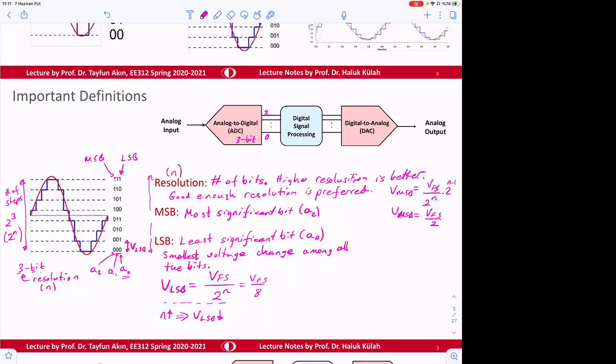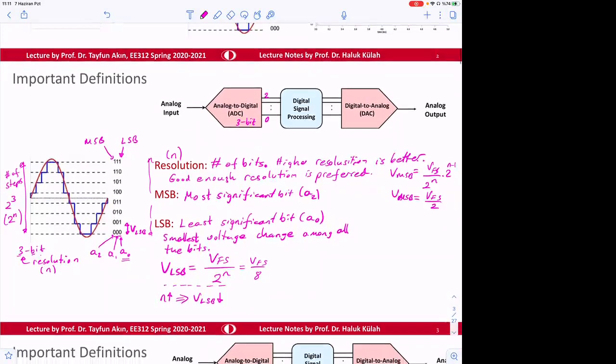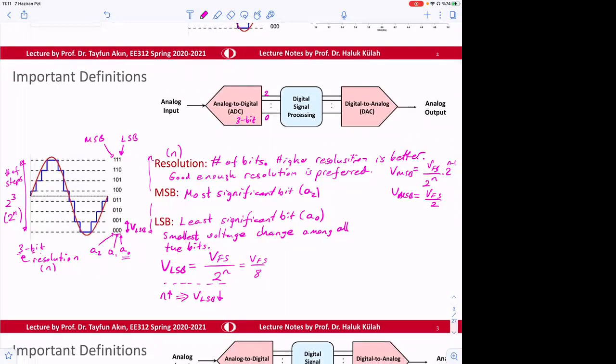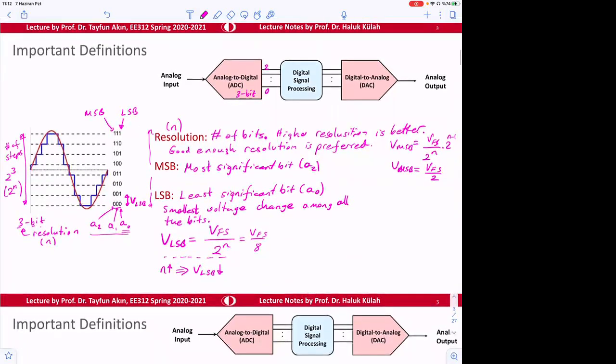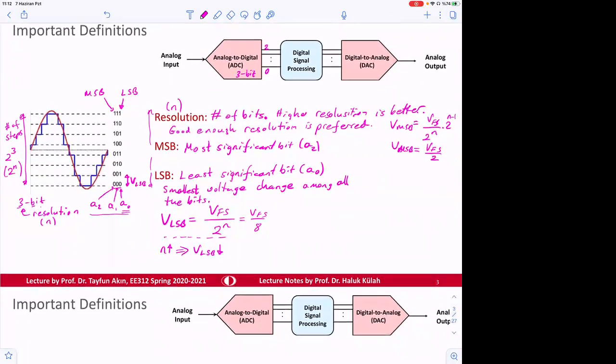In summary, we have to represent that voltage in terms of digital bits, and how many bits you decide to use is up to you. Of course, more bits are better in terms of precision, but it's going to be more costly. Typically we use 8 maybe, or 14 or something in that range.